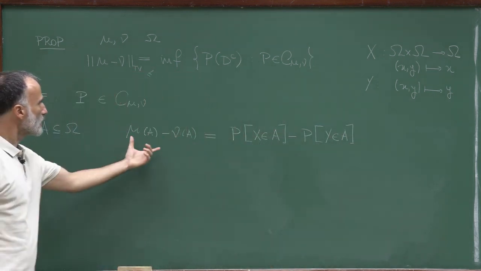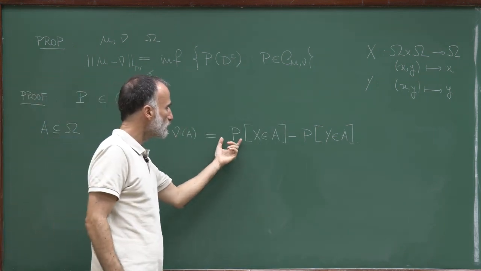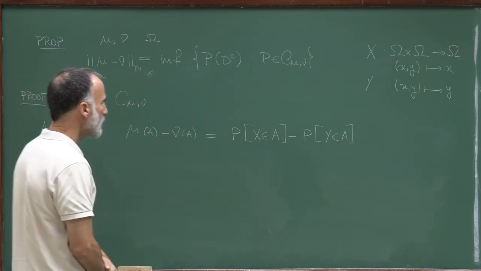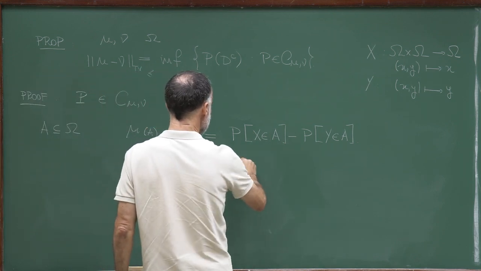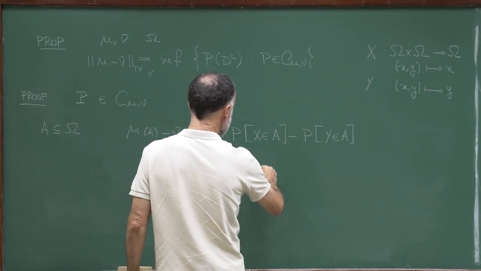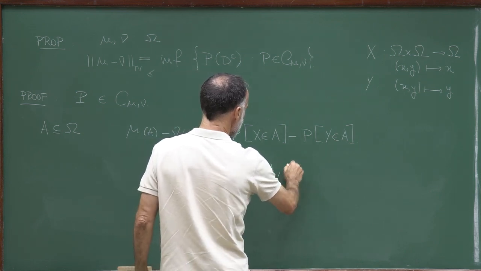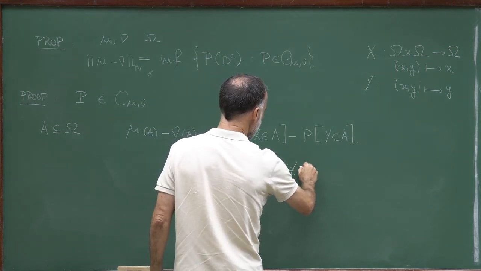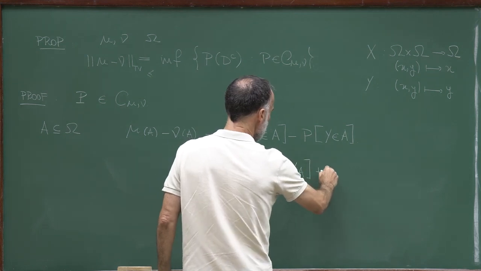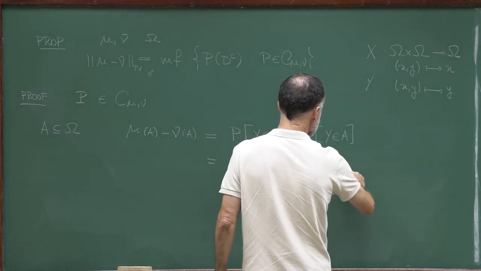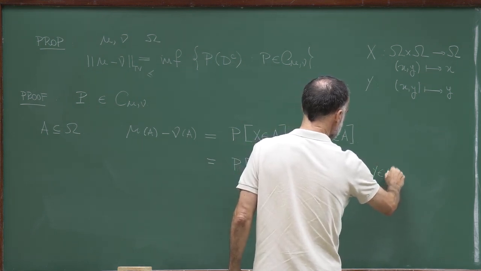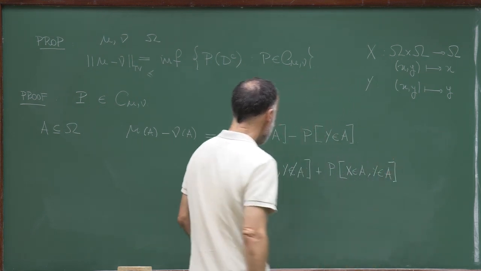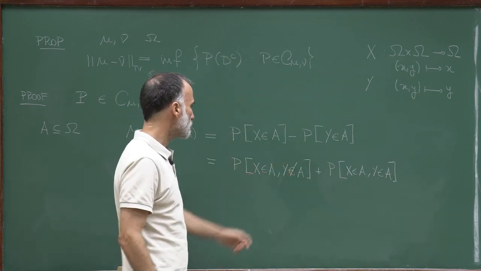So we can express this difference in terms of the measure P. Now I can rewrite this difference as the probability that x belongs to A and y does not belong to A, plus the probability that x belongs to A and y belongs to A. And I can perform the same decomposition for the second term.